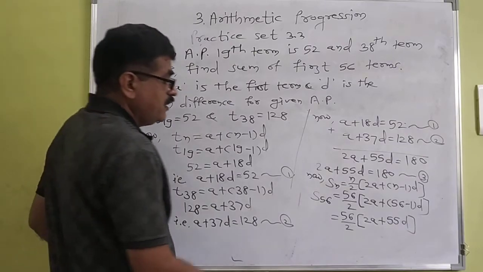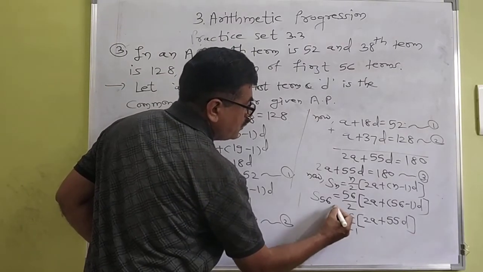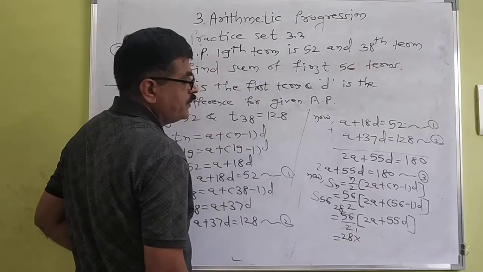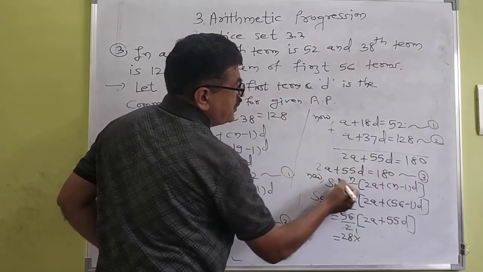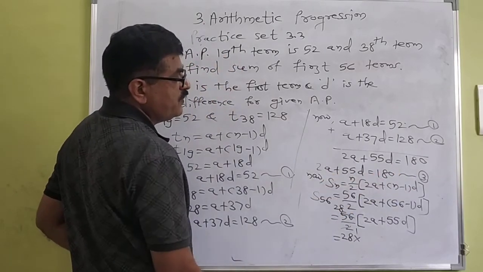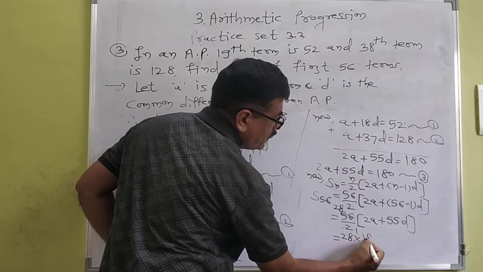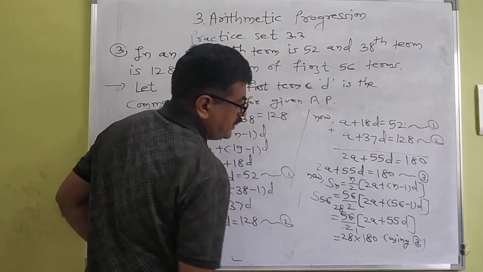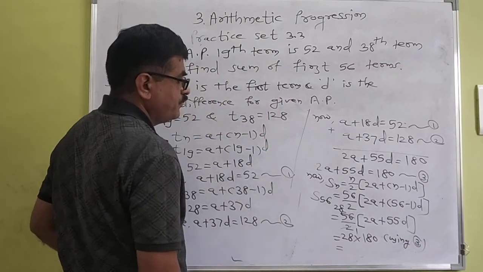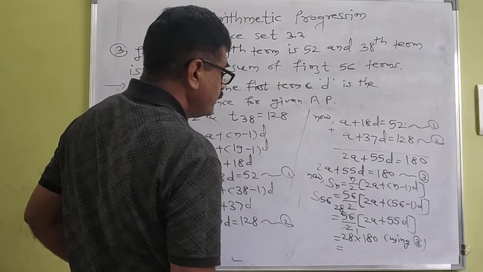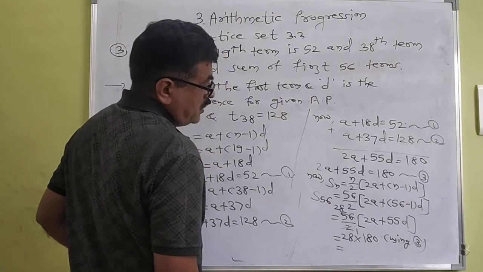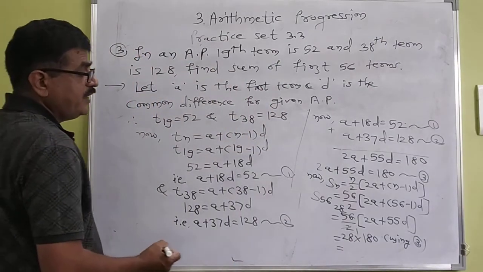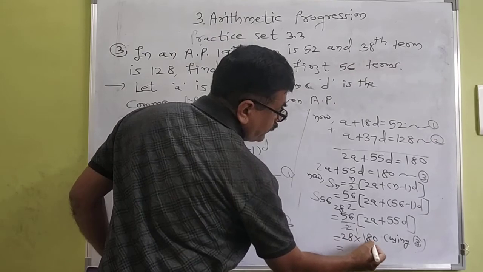Now here dividing by 2, 28. Therefore 28 into, now using 3, the value of 2A plus 55D is 180. Now take the multiplication, 28 into 180.